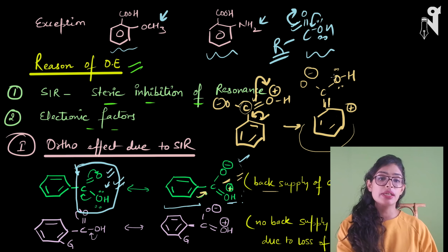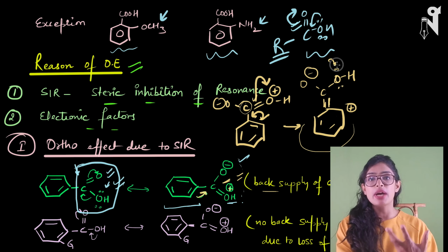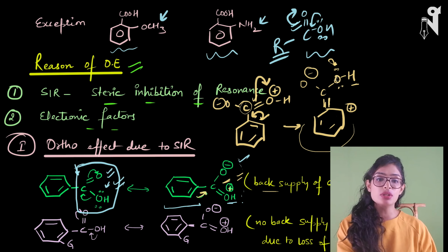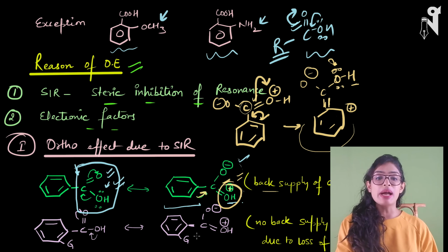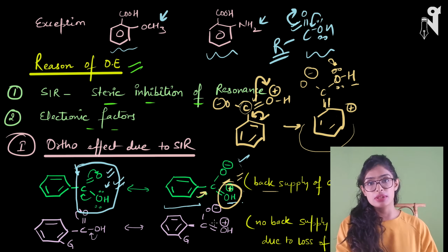So it will not be very desperate to remove the hydrogen from itself. Basically the positive charge which this oxygen was carrying, because of which it would have got the desperation, has been reduced due to the back supply of electrons from benzene through the resonance. This is the case when you are talking about the normal benzoic acid.